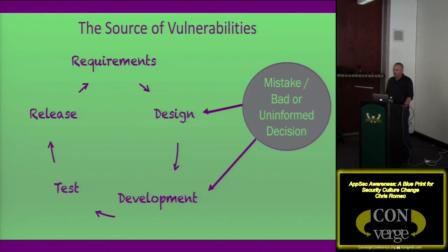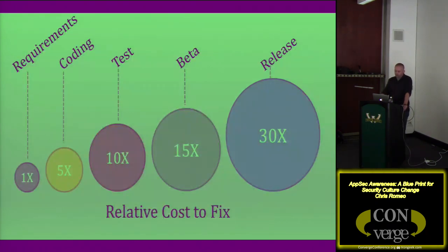And more times than not, this is mistakes, or what I call bad or uninformed decisions. Okay? This is not a negligence problem. We don't have developers that are generating vulnerabilities on purpose, right? They don't understand what they're supposed to do to correctly deal with these problems.